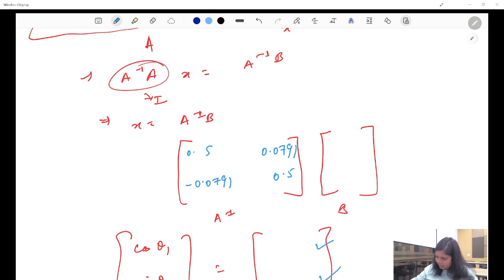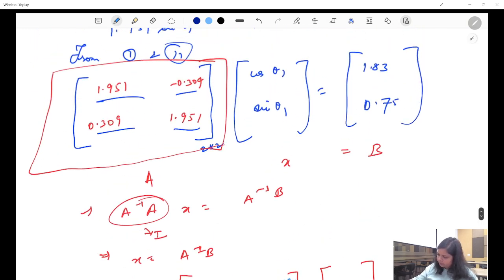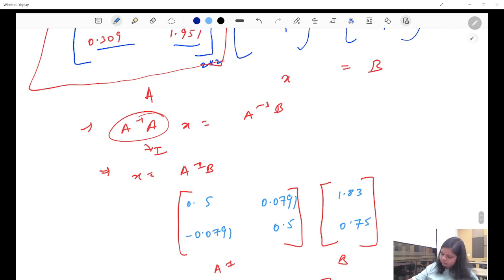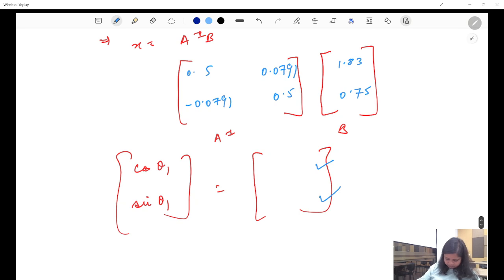And when you multiply it with 1.83 and 0.75, what do you get? Ma'am, 1 minute. Yeah. I hope everyone is also solving. Please solve these, it would be very helpful for you.